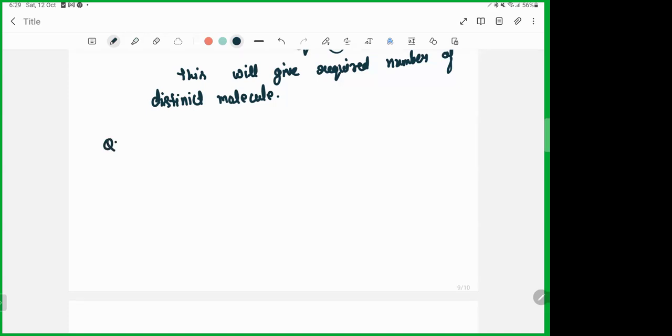This is the question. Find the generating series and type generating series of the following species.